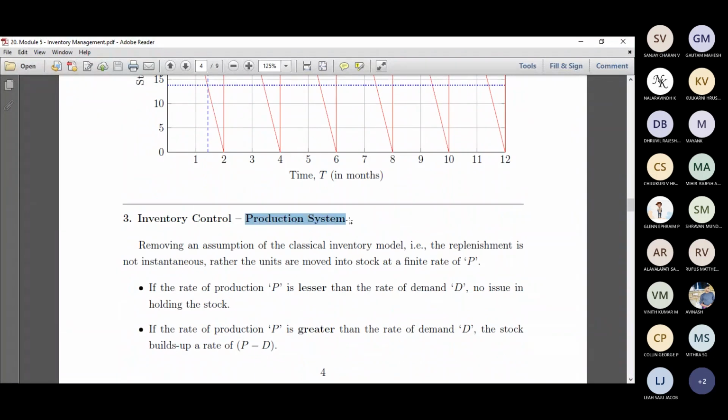Production as another entity means that when the production is higher than the demand, you have some materials in hold, which means that you produce more than what's actually demanded. So some stock will be left alone in the market or in the factory itself without being sold.